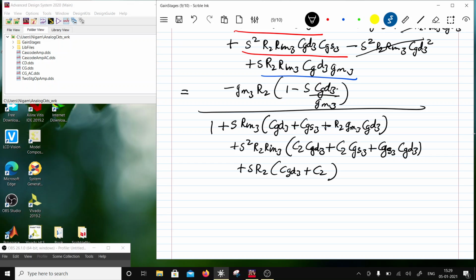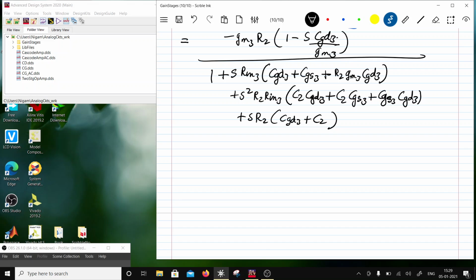Now what I'm going to do is I'm going to express this relationship. So this is gain, AV. AV is equal to minus Gm3, so I'm going to write it one nice way, S Cgd3. So I have just simplified this in front of you, right?